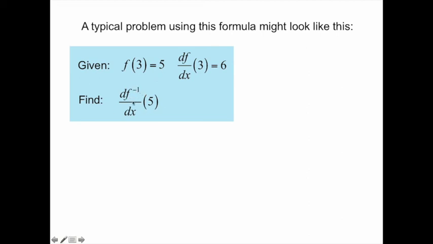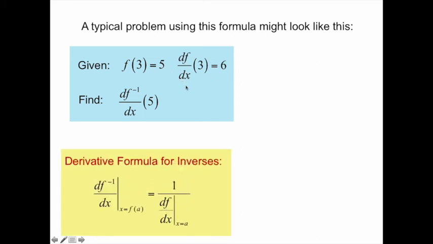So notice we're evaluating the derivative of the inverse at the y value, because the inverse swaps the x's and y's. So if we evaluate the inverse at the y value, the derivative then should be the reciprocal of this derivative. So using that formula, then the derivative is 1 over 6.